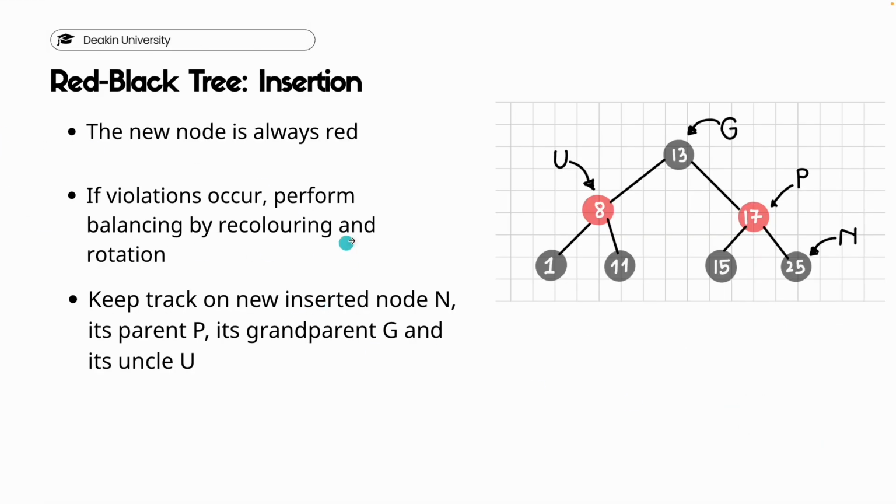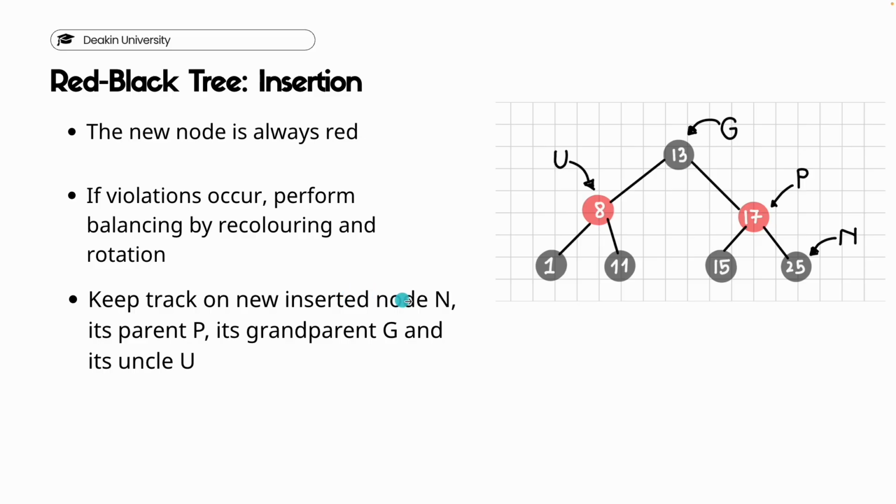The next point is, if a violation occurs, perform balancing by two methods, recoloring and rotation, or we have to use both. And finally, there are many scenarios when we insert a node into a red black tree, so we need to focus on some nodes.